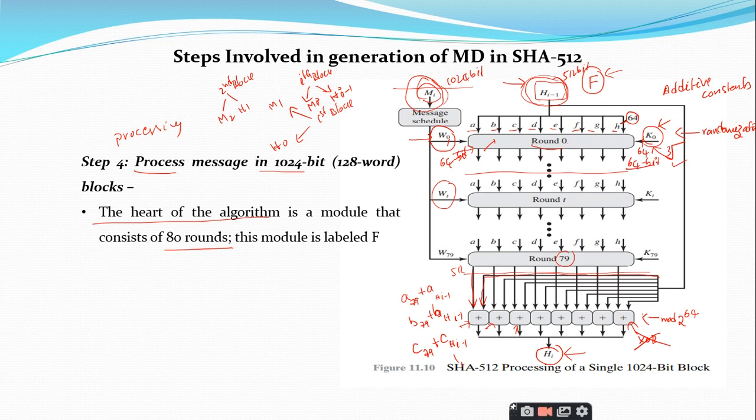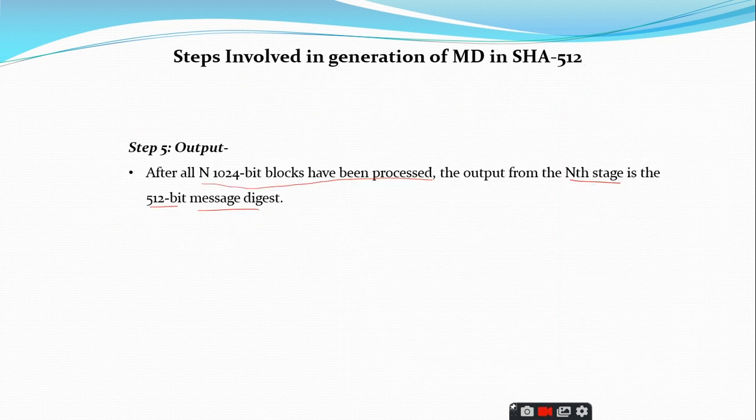This is how it happens: what it takes as input, how it makes use of the additive constants to generate the randomized 64-bit patterns, and what the last step is that we perform, that is the addition modulo 2 power 64. All these things we have discussed.